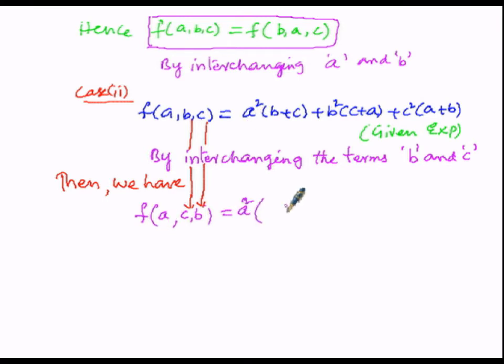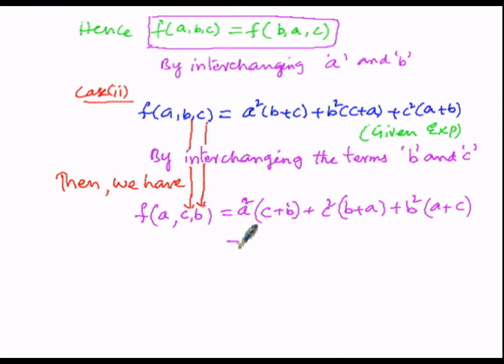So b by means of c plus c by means of b, plus similarly and so on. b square must be replaced by c square, so c by means of b plus a written as it is, plus c square, where c must be replaced by b, so we can write it as b square, with a kept as it is and b again replaced by c.